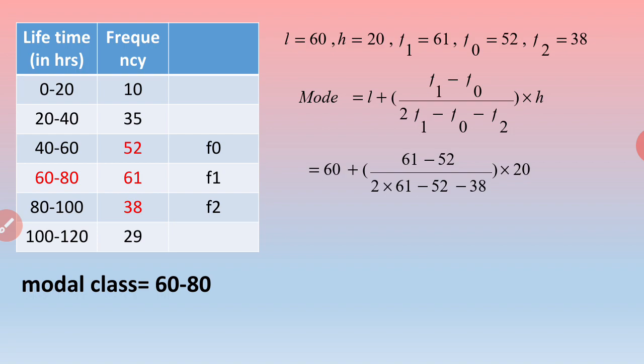Once the substitution is done, we go out solving it. 60 is written as it is. We solve the bracket first, multiply it by 20 and we get the answer as 5.625, which is then added to 60. Here we get the mode as 65.625.